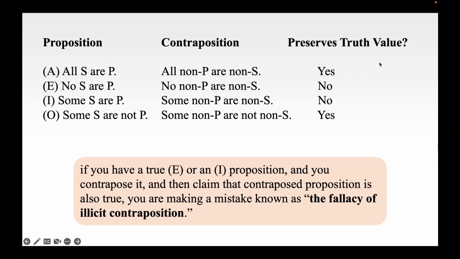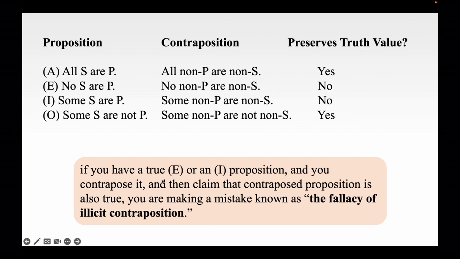But let me just review what I just explained. As you can see, the contraposition of statements A and O preserve the truth value of the original, whereas the E and I, the truth value is not preserved.